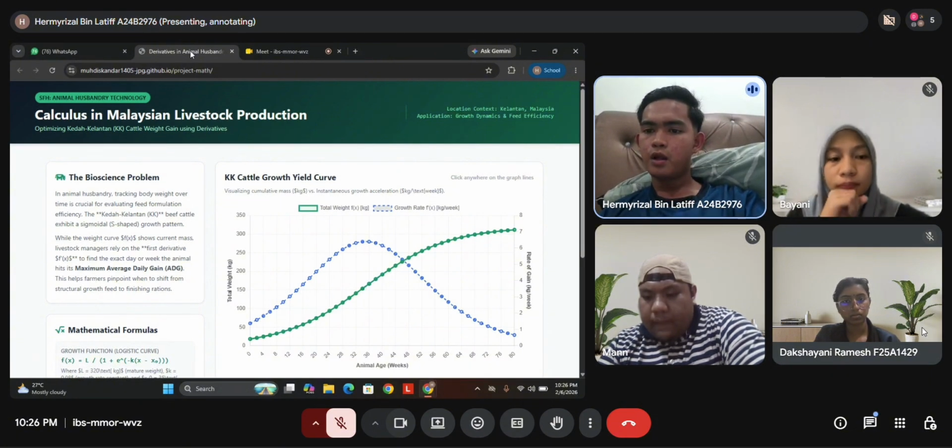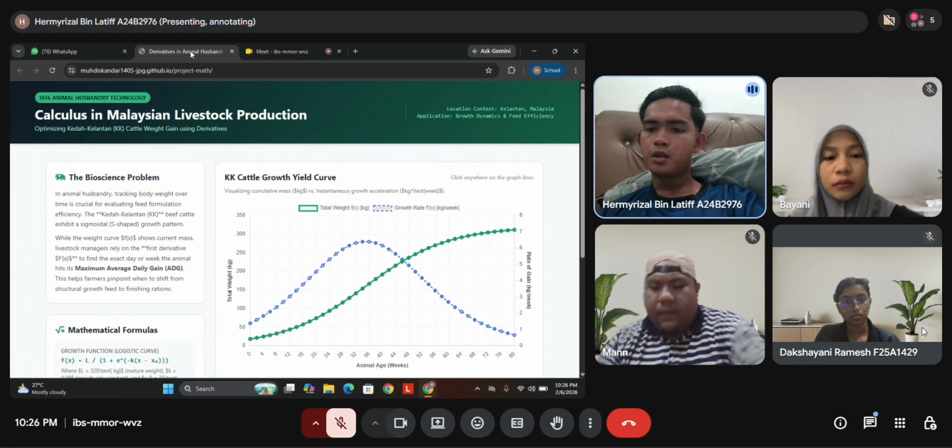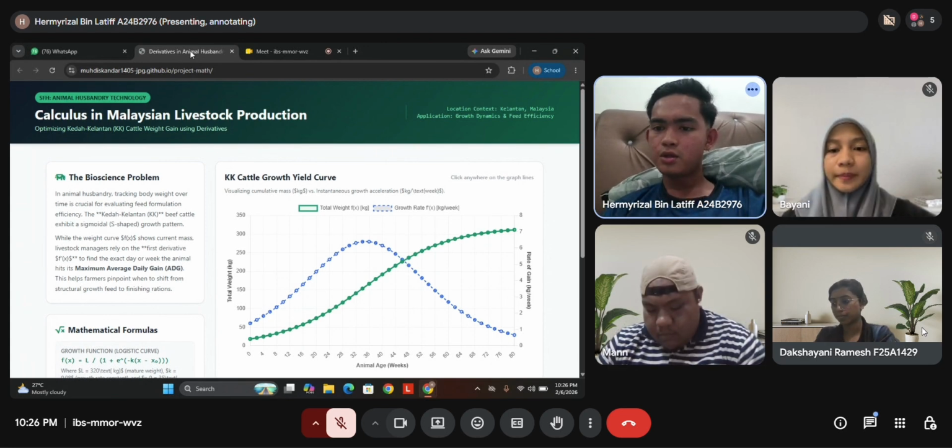For a livestock manager, it is the most critical milestone. It indicates the exact moment when the animal's growth acceleration transitions from structural growth to finishing, the perfect time.